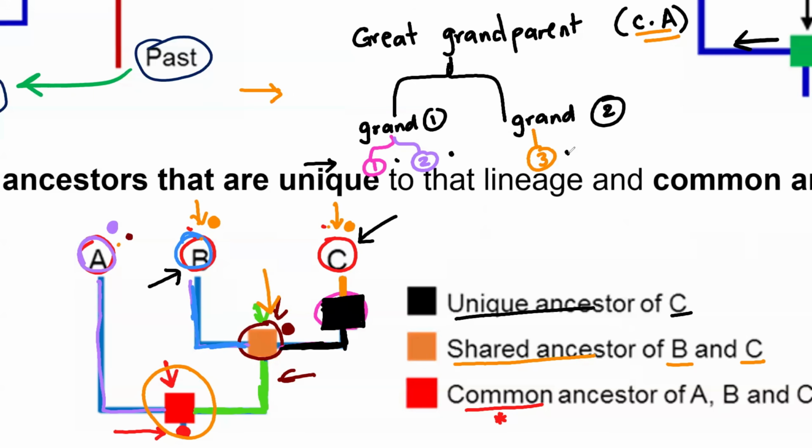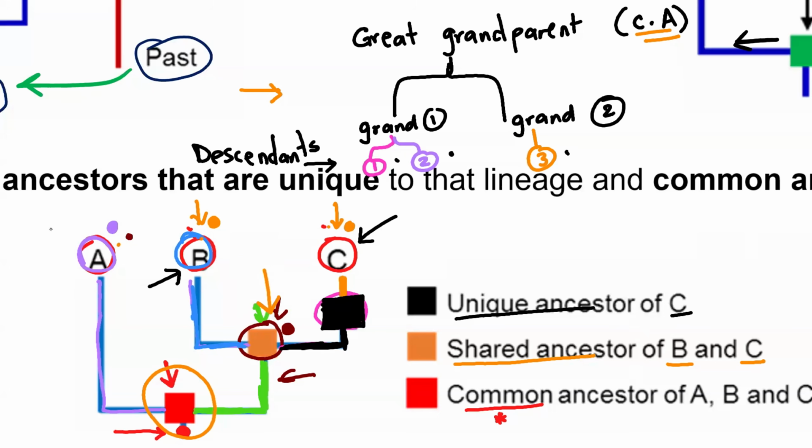That is the only common thing between them. So that's their common ancestor. These are your descendants, and this is their common ancestor, the great-grandparent. All of them are coming from him or her.